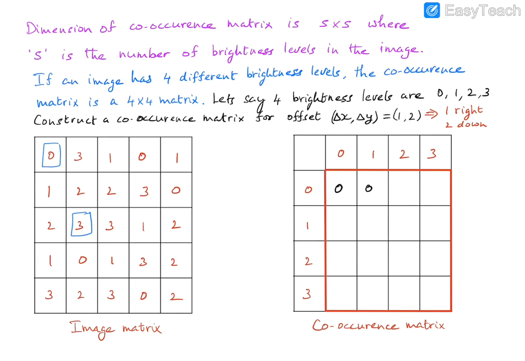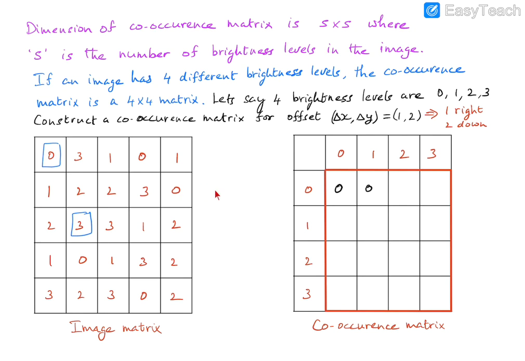Now if we look at 0 and 2, this box corresponds to the pixel pairs having pixel 0 and pixel 2 for that offset. So if we have the 0 at the offset, we don't have a 2, so it's a 3 here. But for this pixel now, 0, at the predefined offset, which is 1 step to the right and 2 steps down, we have a 2. So 0 2 occurs 1 time. Similarly, let's see if there is a 0 2 combination occurring at that offset in any other location of the image.